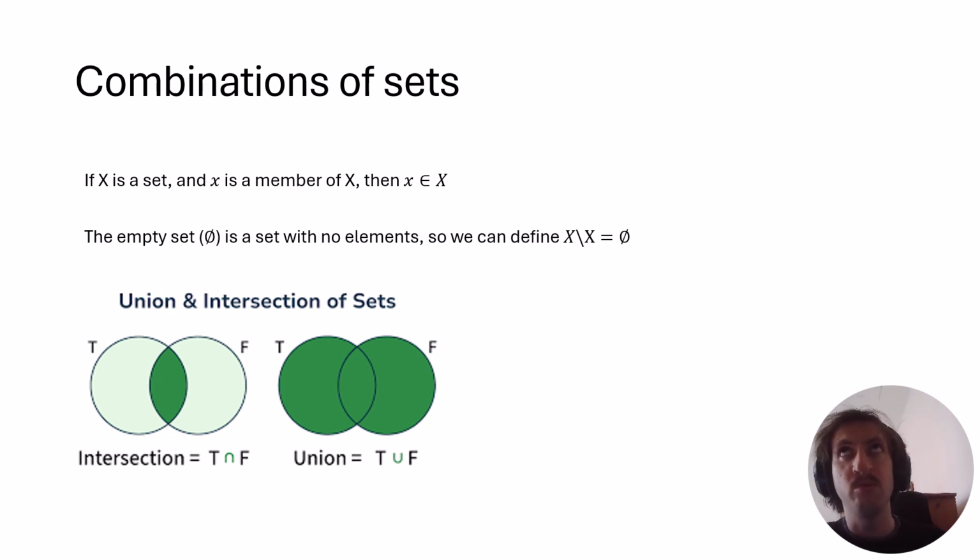So for example, if T is the set AB and F is the set BC, then the union of T and F is ABC. It's not AB, BC. So we don't doubly count elements that are common to both sets.